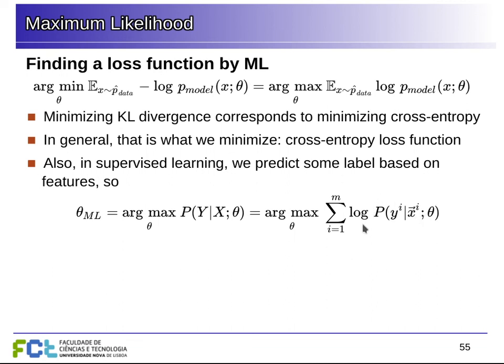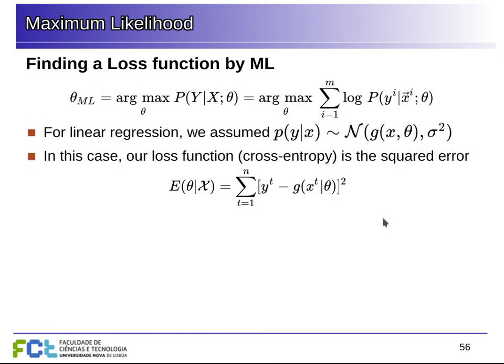So in supervised learning, when we want to predict some label, for example in linear regression, when we maximize the likelihood or minimize the cross entropy between our model and the data, we end up with the minimization of the squared error.